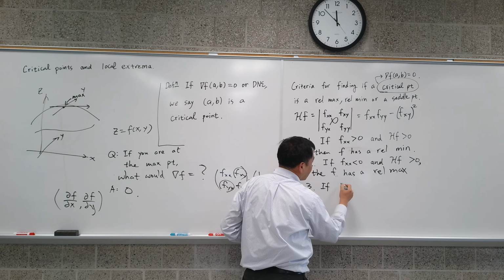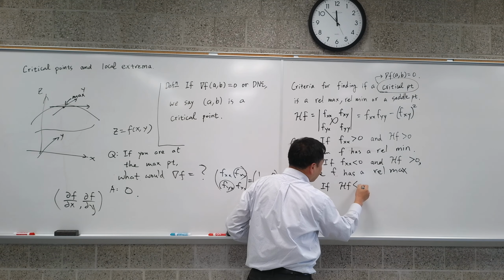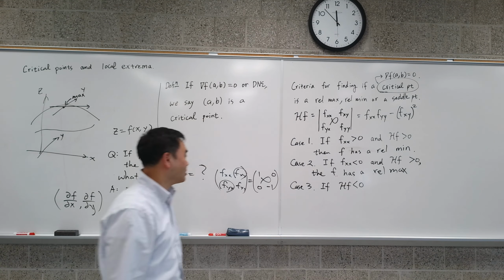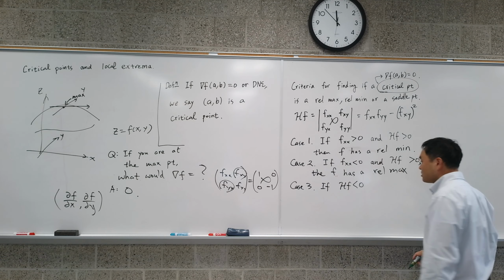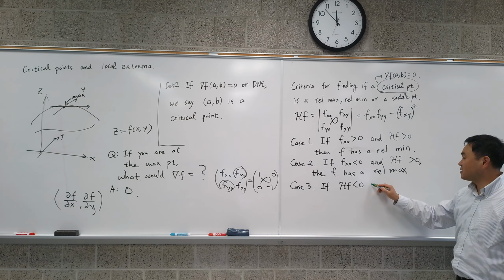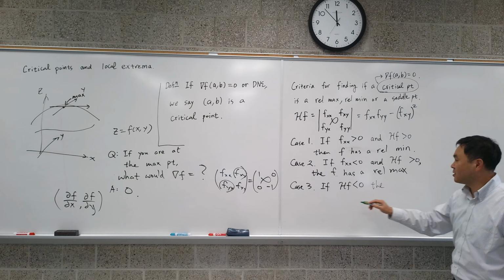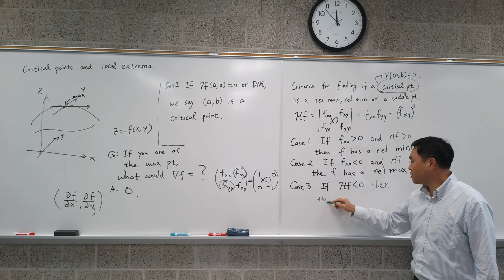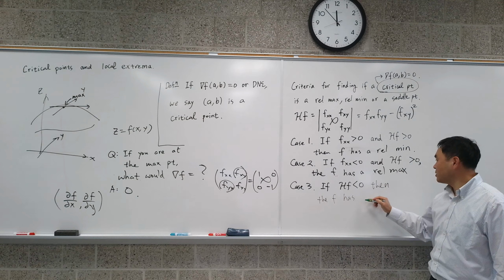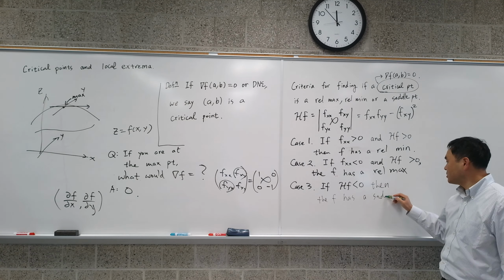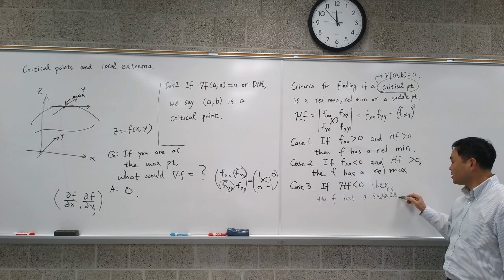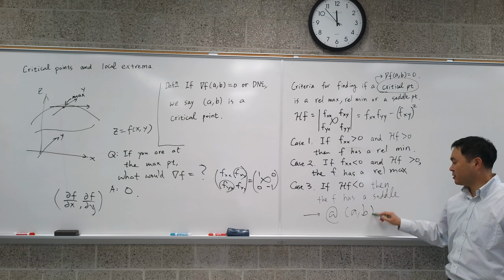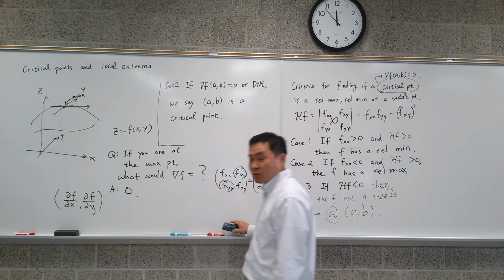If the determinant of the Hessian of f is less than 0, then no question asked, if this happens, then f has a saddle at this point (a, b), right?